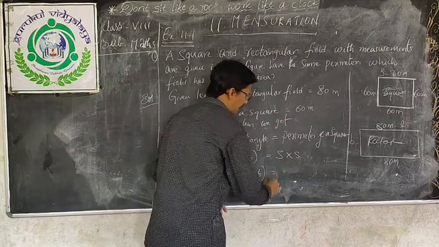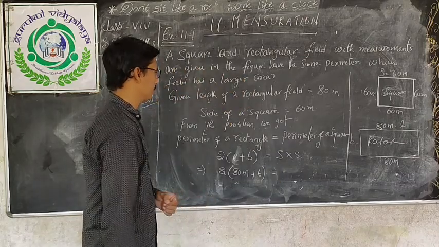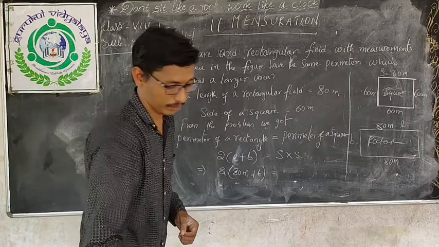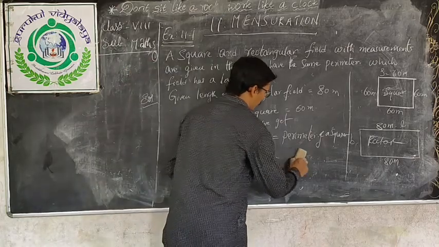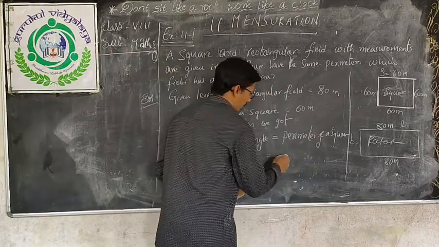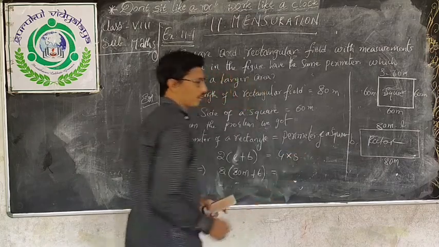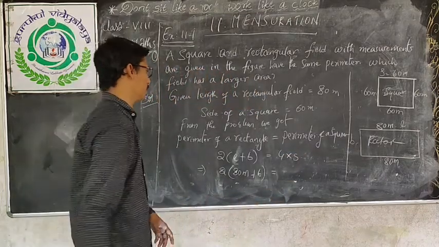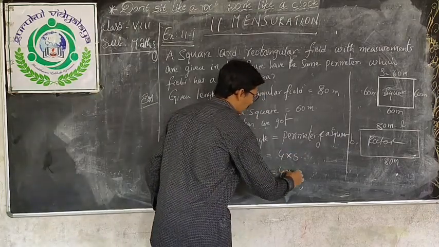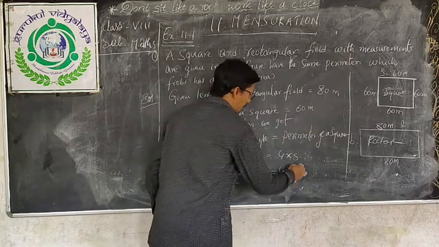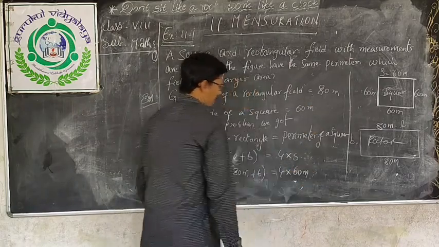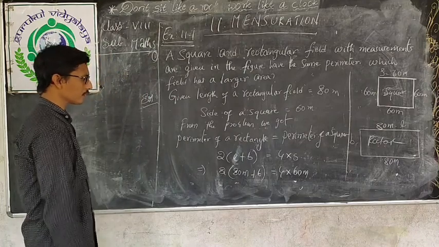Sorry children, not side into side. The perimeter of a square formula is 4 into S. Sorry, I am mistaken. That is 4 into side. So 4 into, what is the side given? 60 meters is given. 60 meters.